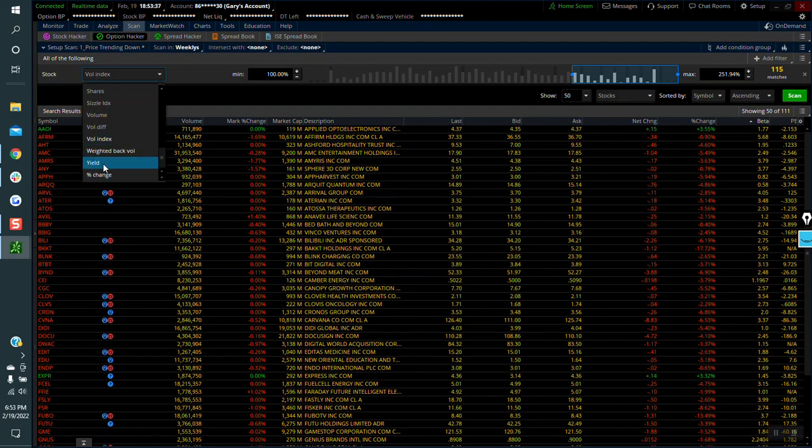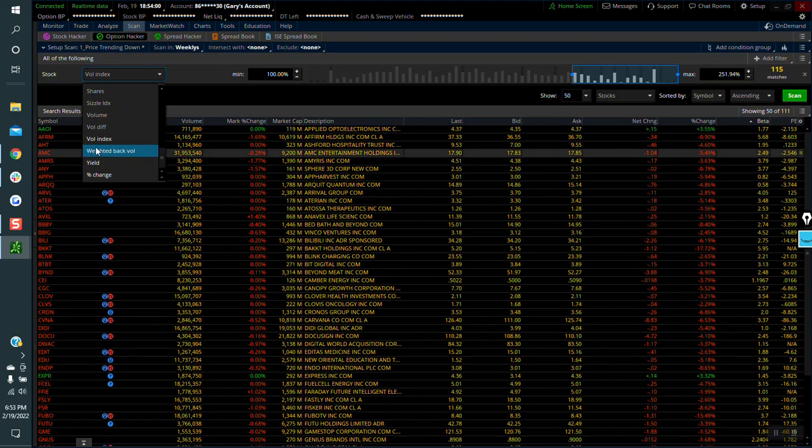You can look at yields, dividend yields, weighted back end: how much more volume we have in the back end, like a month or so out, versus what we have on the front end. A lot of times you'll see that, knowing there's earnings coming up in the future, they will be heavily weighted in the back end on open interest.